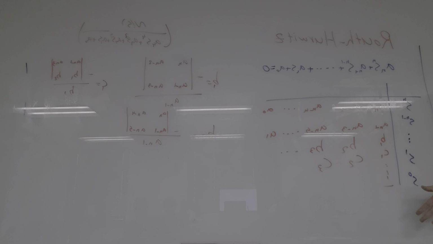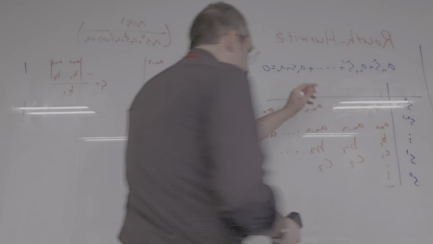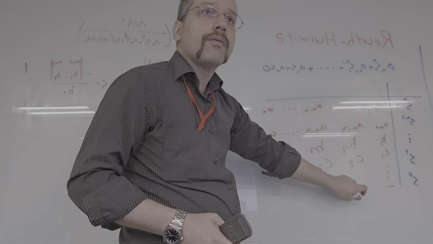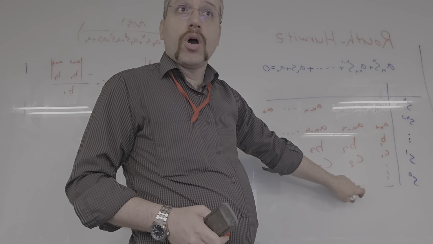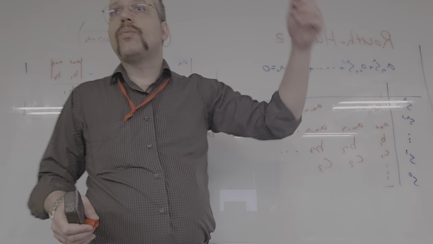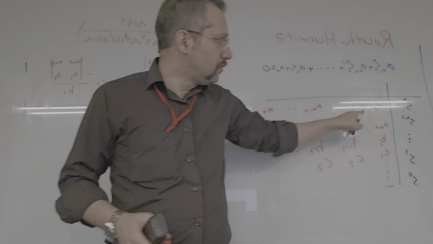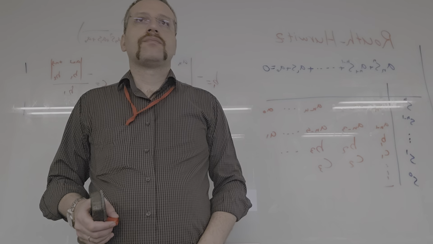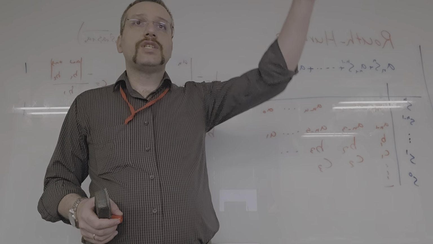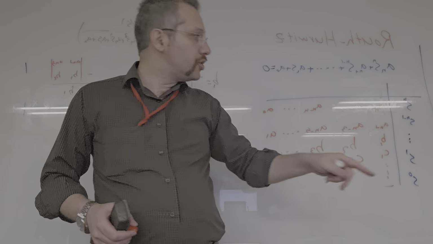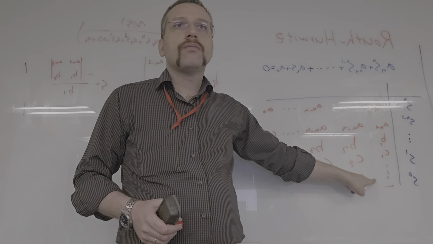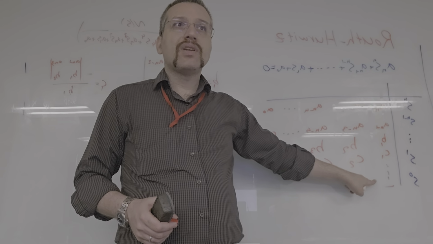If those numbers in the first column change polarity, so we go from plus to minus, then our system is not stable. If we see no change in the polarity in the first column, then we have a stable system.